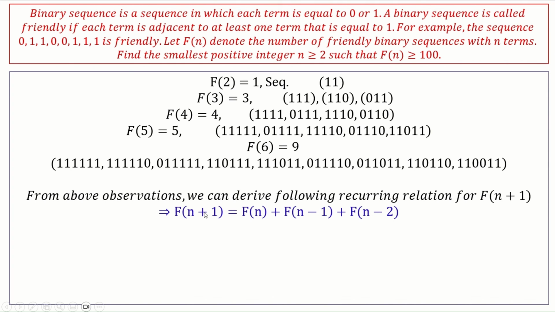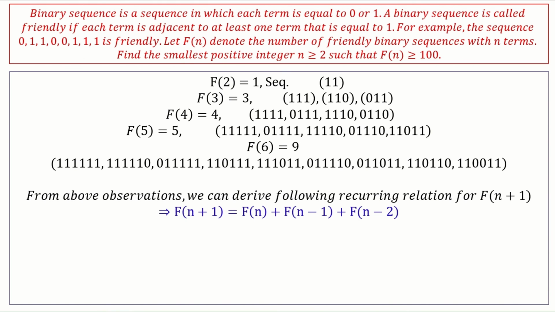From my observation, I have written a solution, and this is the recurring function. It's kind of a Fibonacci series: the sum of the three previous terms. It is very difficult to come to this recurring function mathematically, because I have seen explanations on the internet, but they have some mistakes.